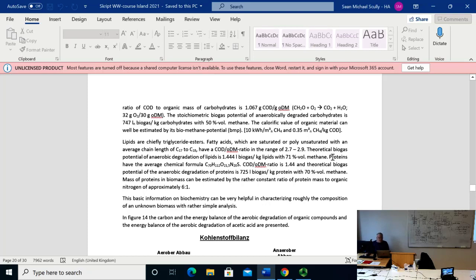Then we just consider that no CO2 is captured in the water, or by absorption.